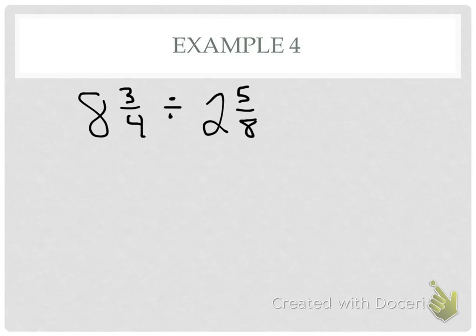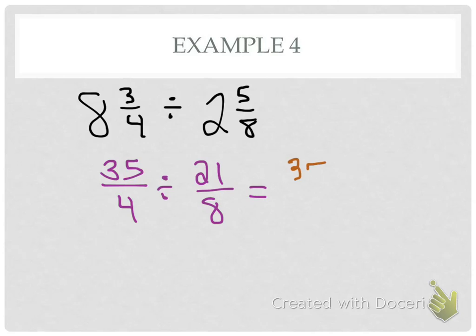All right, so the first thing you want to do is change them to improper fractions, so that's what we'll do. 35 over 4 divided by 21 over 8. Then do the reciprocal, 35 over 4, and multiply it by 8 over 21. We just flipped that second fraction, did the reciprocal.